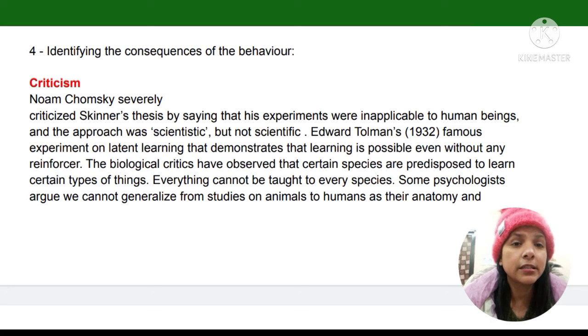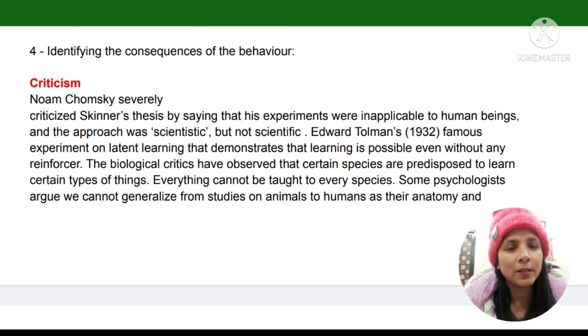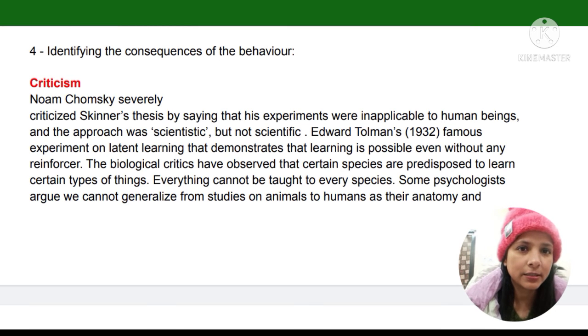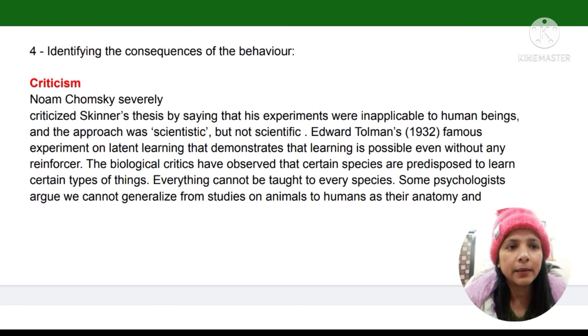Many psychologists were saying that we cannot even compare animals and human beings because they are totally different species, and the experiment that has been done on a rat, it is not necessary that the same thing we can apply to humans also, because both of them are different species. Like this, Skinner's theory has been criticized a lot by psychologists.